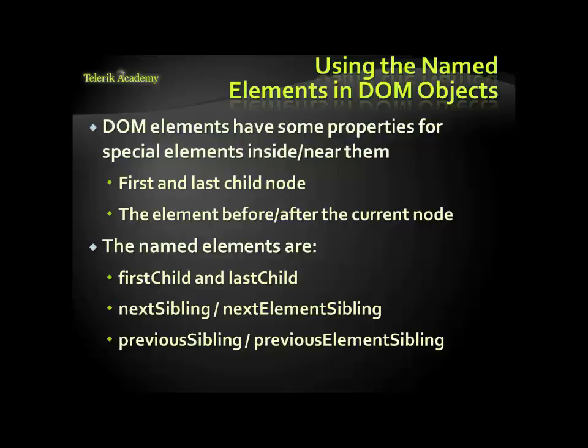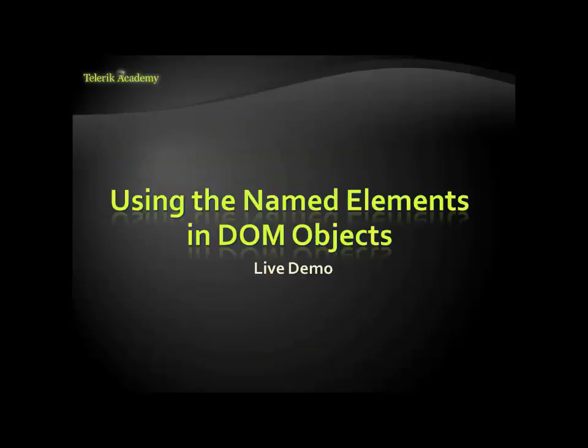Although we saw last time they're not really arrays, but they do implement some of the characteristics of arrays. So we have the first and last child, and we have the next sibling or the previous sibling. There are two notations for that. Then once we have an element, we can go up or down to specific children.